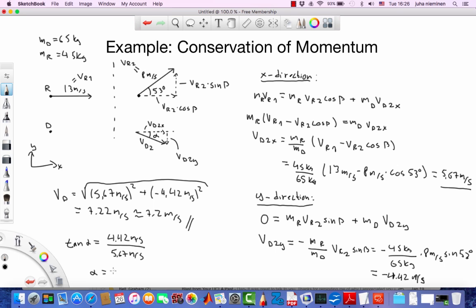And alpha is the inverse tangent of that, 4.42 divided by 5.67, and that gives us 37.9 degrees, or approximately 38 degrees. That's the angle alpha there.